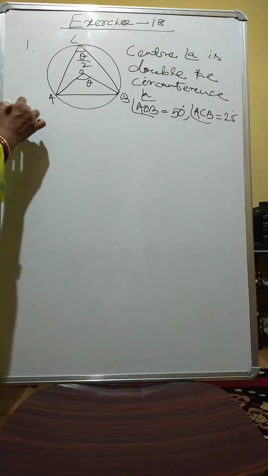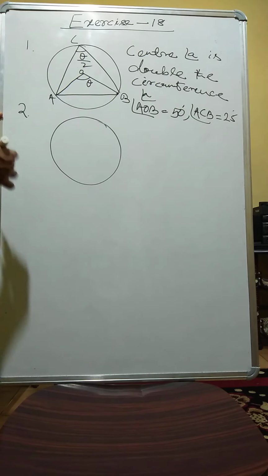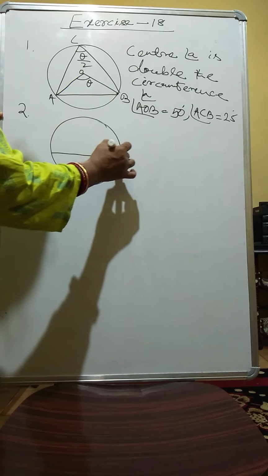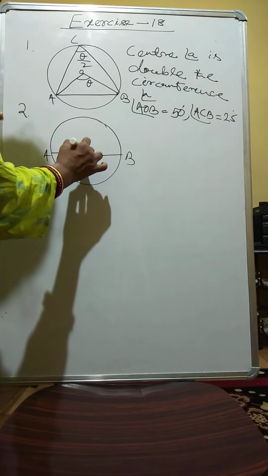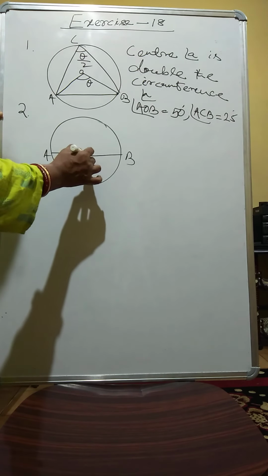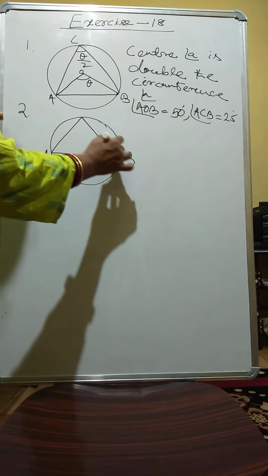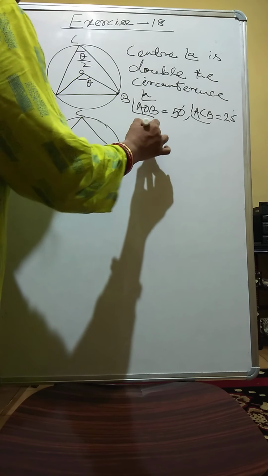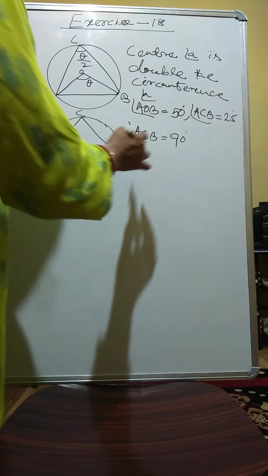Second property. I told you the line joining through the center is known as diameter. This is O. ACB angle is 90 degree. Why?